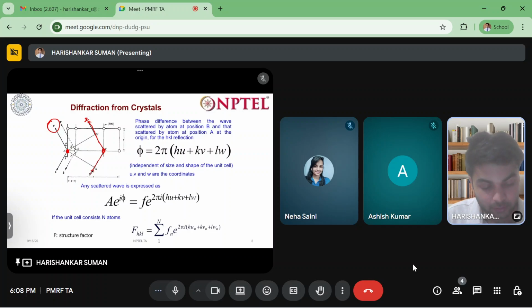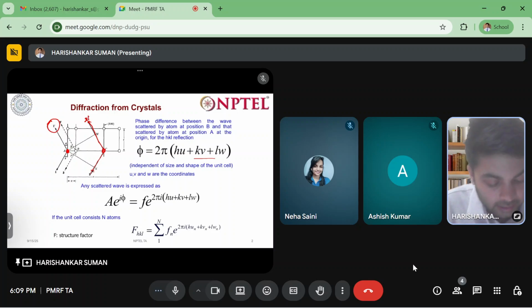Okay. So see the phase difference between, we know the phase difference for any optics ray or electromagnetic ray is given by 2 pi into the path difference, where HKL and UVW give the position.